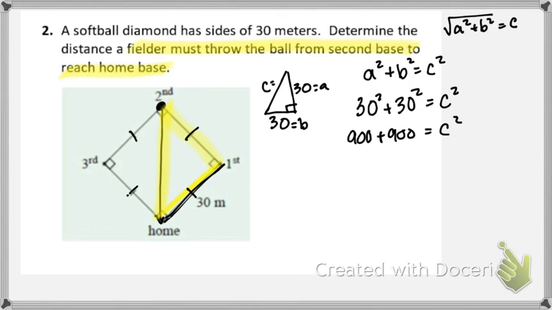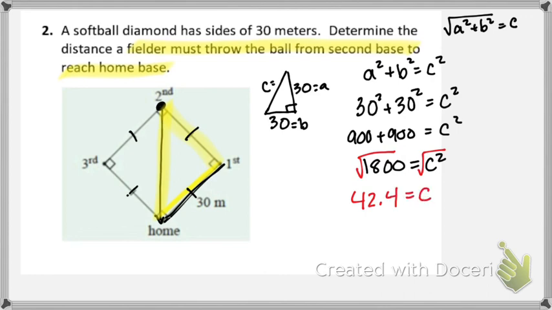And so we simplify that, we got 1800, nope, there we go. And then now we do have to take the square root because we don't want c squared, we want c. And so the square root of 1,800 is going to be a decimal. It is 42.4. I don't know why I put a 7.